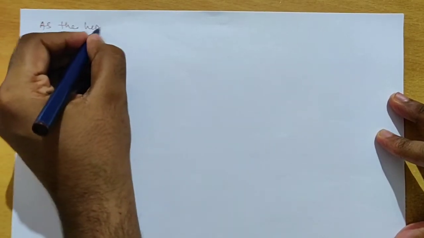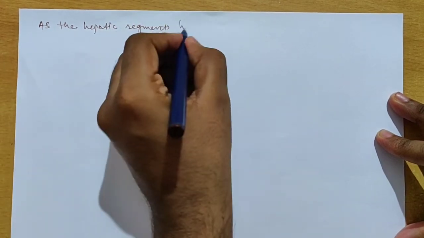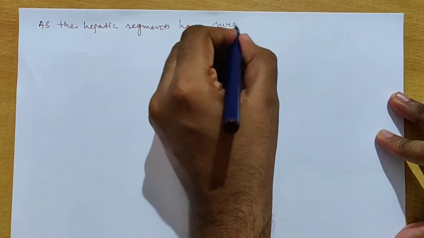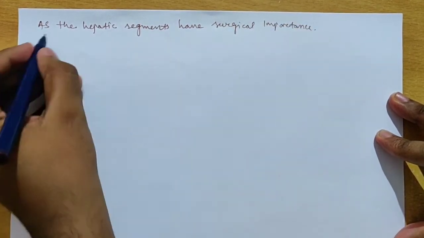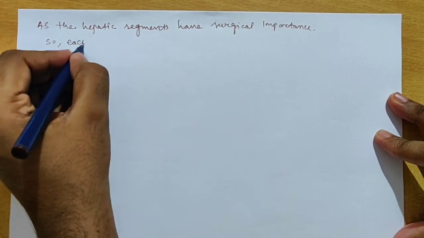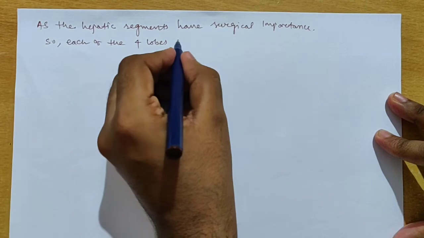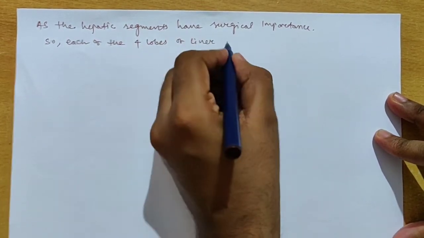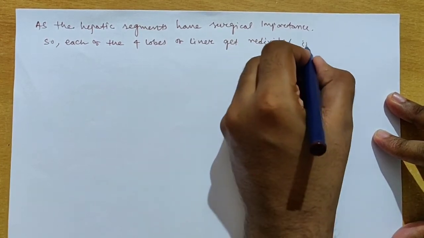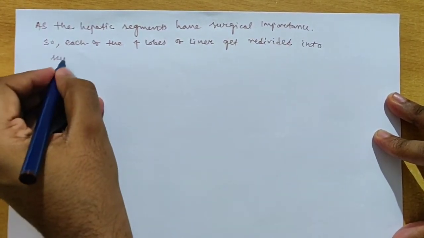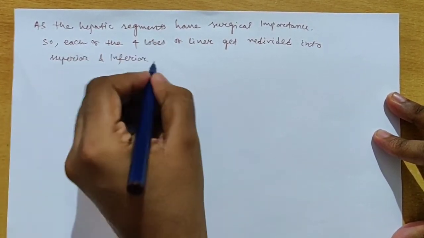As the hepatic segments have surgical importance, each of the 4 lobes of liver gets redivided into superior and inferior segments.